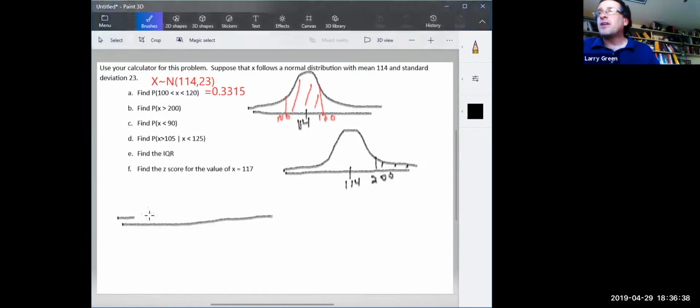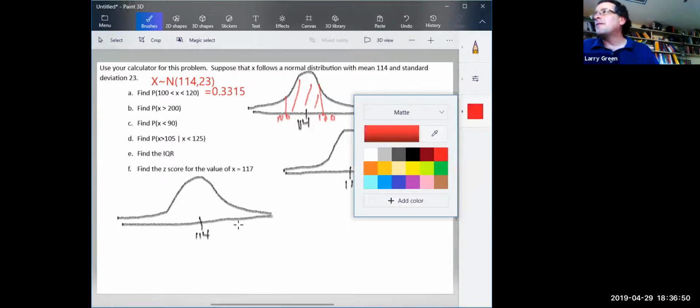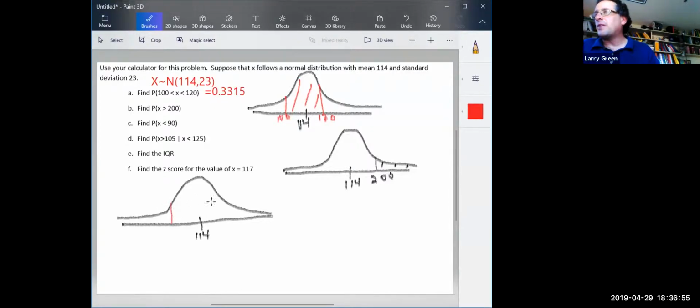So I'm gonna draw the picture. Again, the mean is 114. And what we have here is the first quartile's around there, the third quartile's around there, and we know that this area is 0.5, but more importantly, this area here is 0.25.